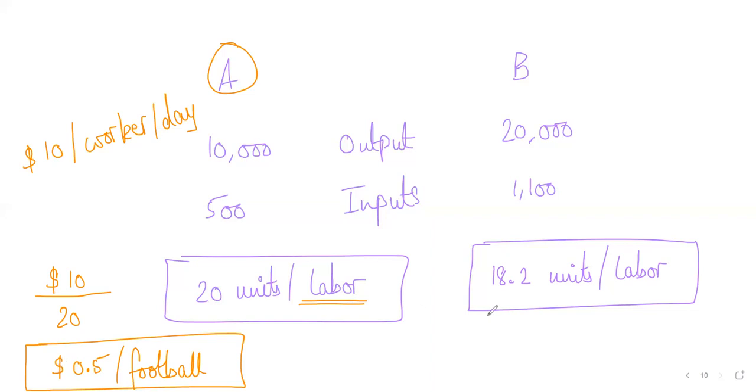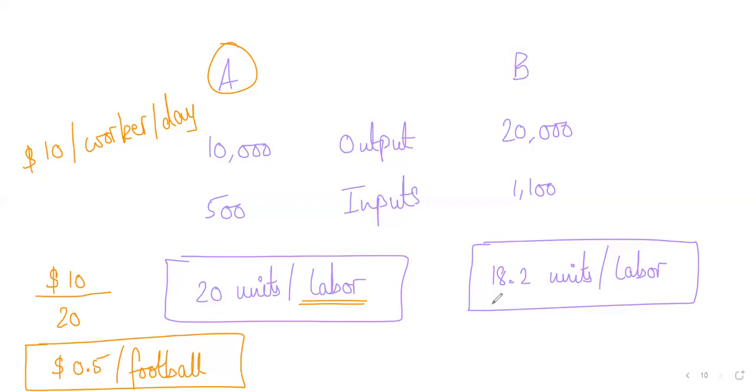Now, can you do this calculation for me for factory B? How much did each football cost in factory B? Right?